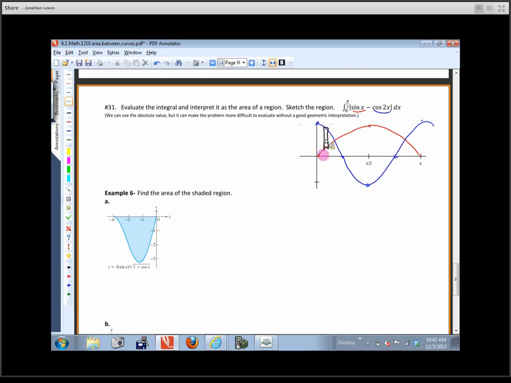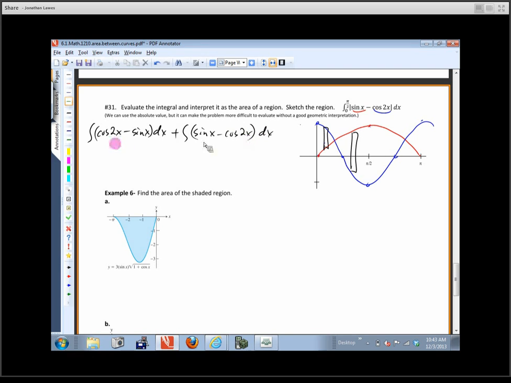Let's draw a representative slice right here and a representative slice right here. Top is cosine, bottom is sine. Plus what we get over here, this would be the integral, let's see, top is sine, bottom is cosine 2x.